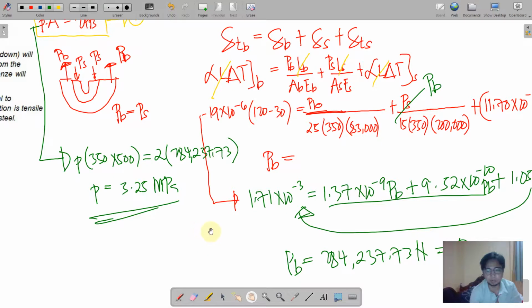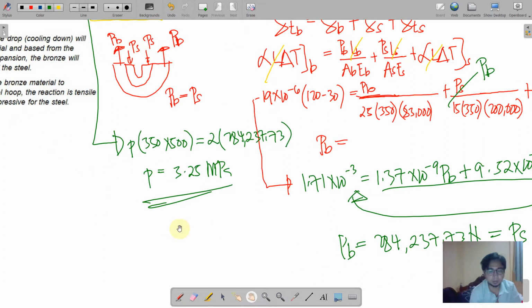Perhaps you can resolve all what we have discussed on thermal stress. Resolve it on your own without looking at any notes, so that you can also gauge your skills, and try another problem coming from the references given to you.